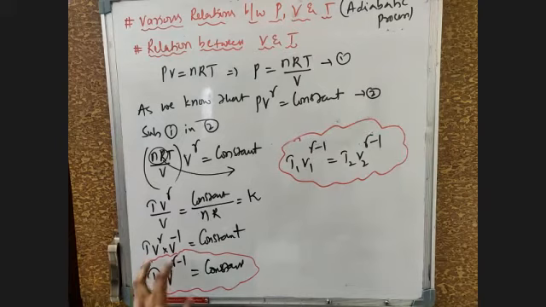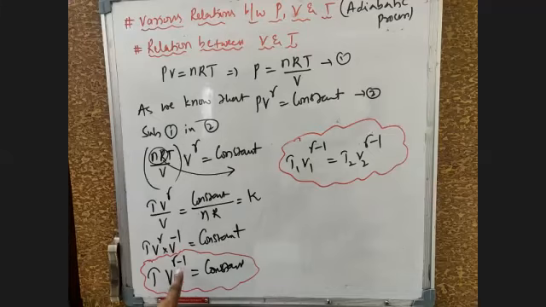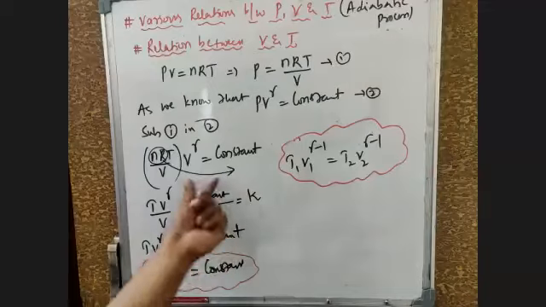In this one I am taking V common, so this will become V to the power of gamma minus 1, because this is V to the power of gamma into V to the power of gamma minus 1. So this total is constant right now. T V to the power of gamma minus 1 is a constant only.